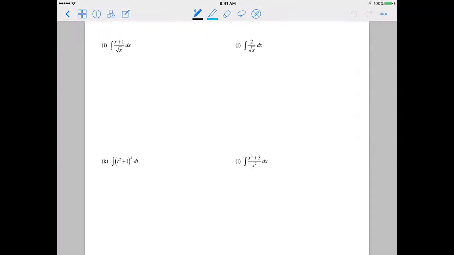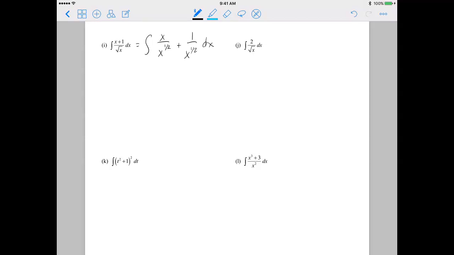Okay, in example I, we have a fraction. And so whenever we have a fraction with x's in the numerator and denominator, we're going to have to split through the numerator in order to be able to find that antiderivative. So this is going to become the integral of x over square root of x, but instead of square root of x, I'm going to write that as x to the 1/2, plus 1 over x to the 1/2.